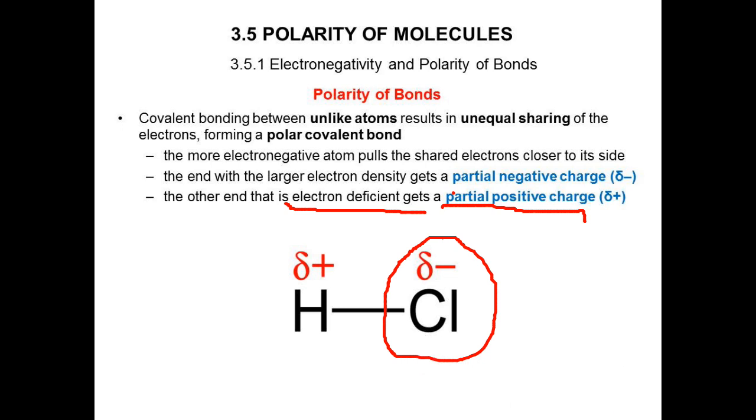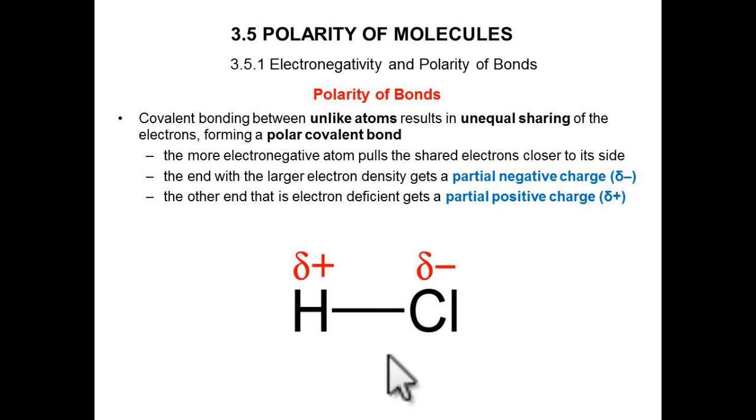So chlorine has a higher tendency to pull the electron over here. It becomes non-symmetrical. The attraction force is not at the equilibrium point. The result is more attraction of the electron toward chlorine.